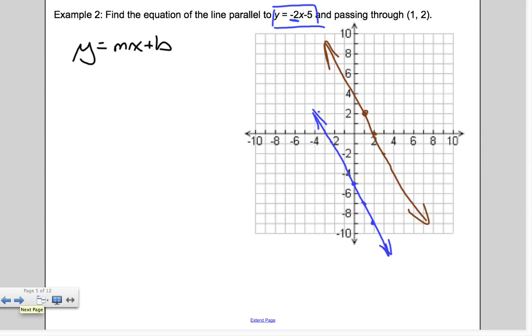We know we're going to be looking for the equation of a line, y equals mx plus b. That's our favorite form. So Katie, you're saying you already have the first part, which is y equals -2x. What's that first part? What's that name? The slope. So we already have the slope. We know it's the same as the other one. So -2x plus b.